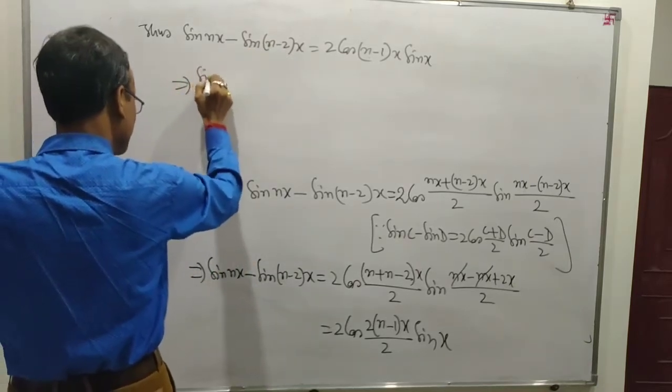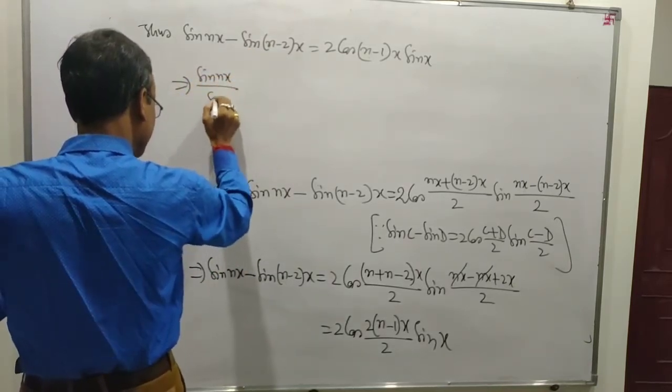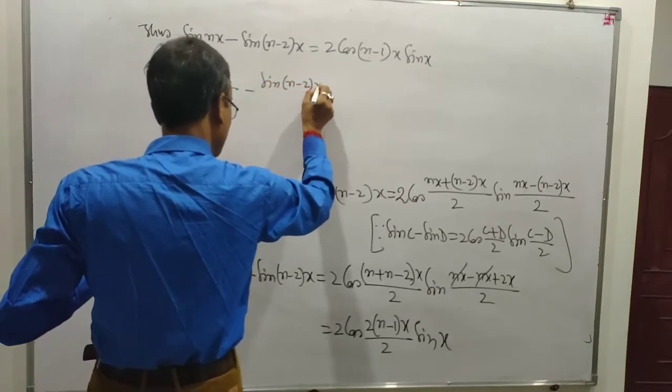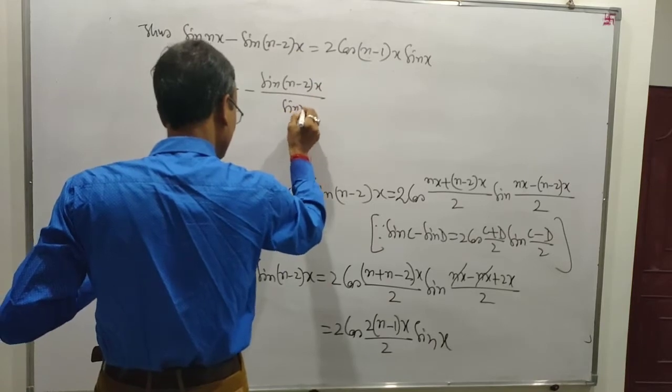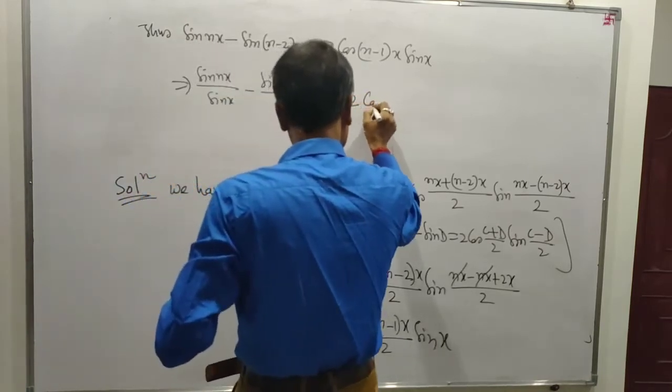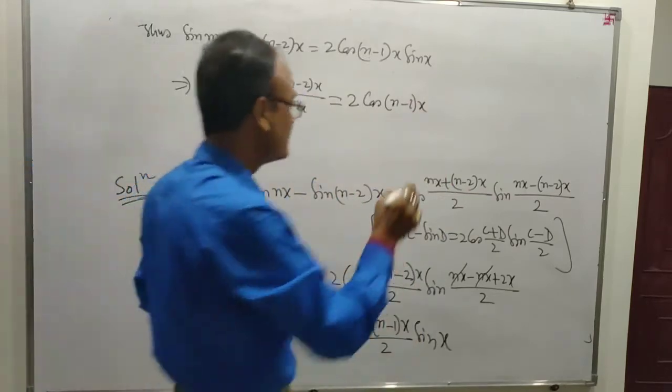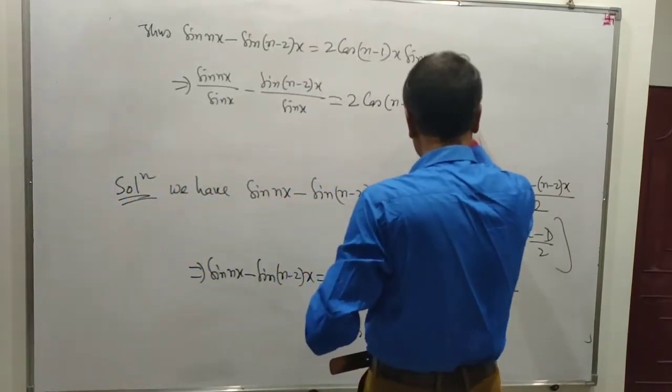This means sin nx by sin x minus sin (n minus 2)x by sin x equals 2 times cos (n minus 1)x.